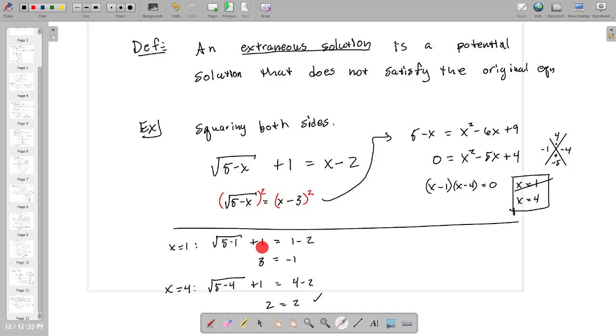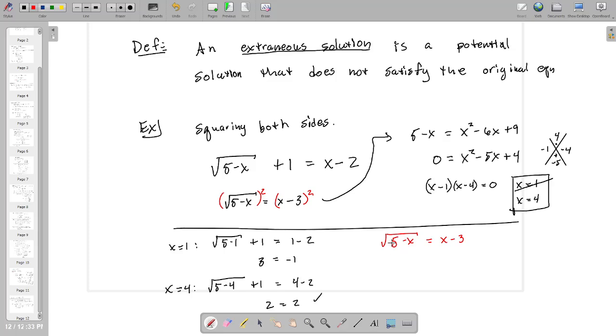Now remember, we subtracted the 1 over first. So let me do this in red so that I can show you what I mean here. If I subtract the 1 over, then I would have the square root of 5 minus x is equal to x minus 3. Now if I plug in 1 here, I should get the negative version on one side of the other side.